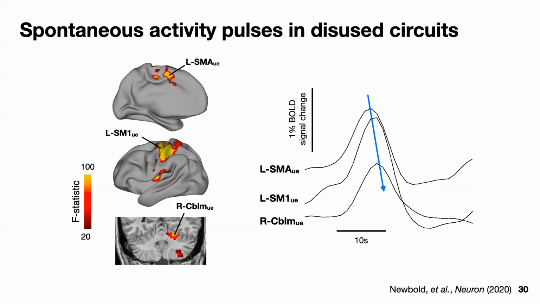All right, and to me, the most exciting finding was of this novel form of spontaneous activity, these spontaneous activity pulses that propagated through the disused motor circuit. I'll admit that at first we didn't know exactly what these were, but we've been thinking about this for a long time, and so I want to share what we're thinking currently. The unique thing about these pulses is that they're sort of transient in their nature.